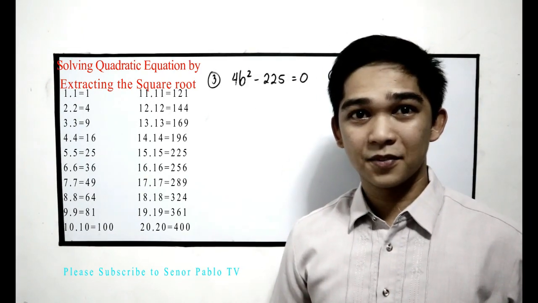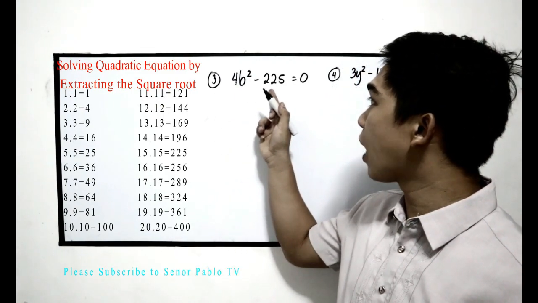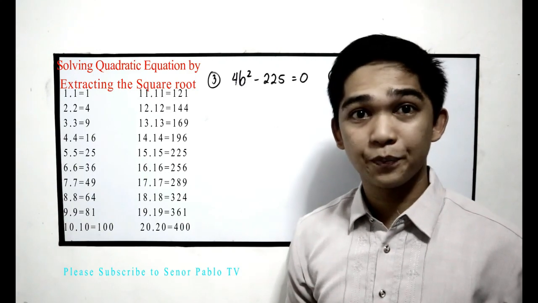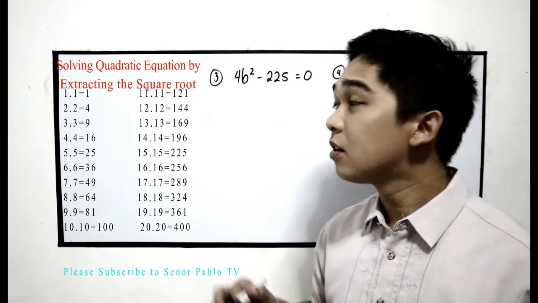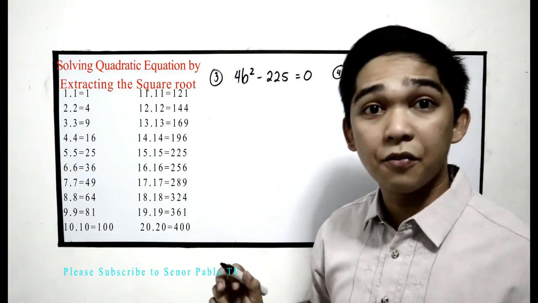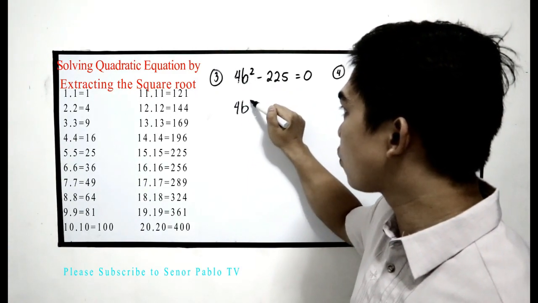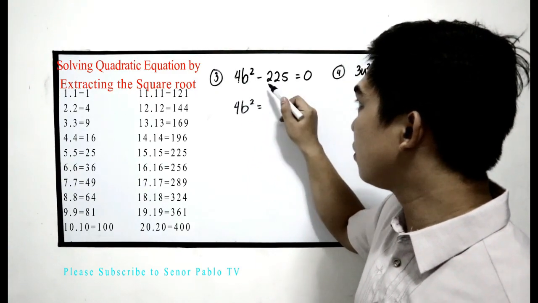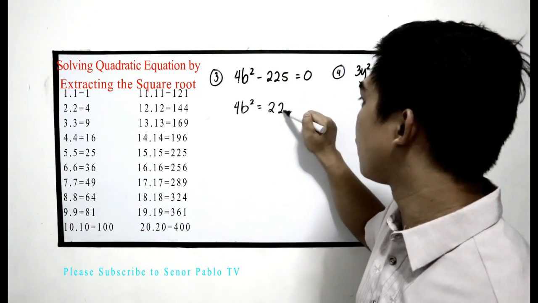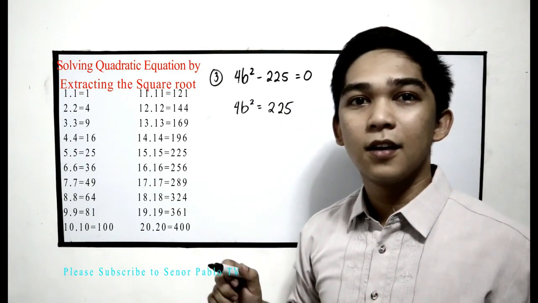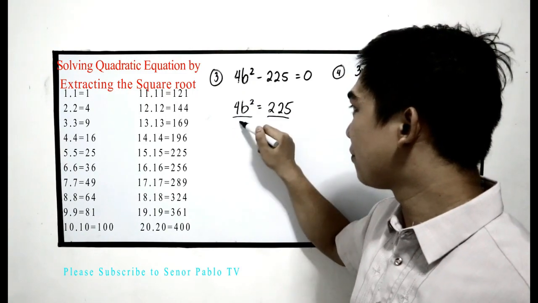Another example, number 3. 4b squared minus 225 is equal to 0. The same step, isolate the variable. So we need to transpose negative 225. So the remaining is 4b squared, is equal to positive 225. Now, divide by 4.